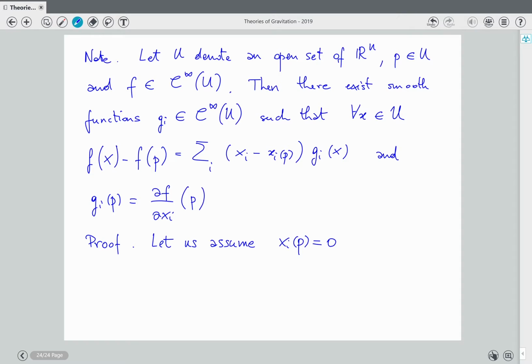And then you can write this formula. f of x minus f of 0 is equal to the integral from 0 to 1 in dt of the total derivative df over dt, calculated where? In (t x_1, ..., t x_n).